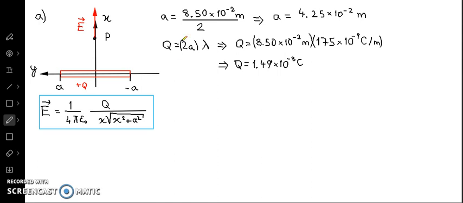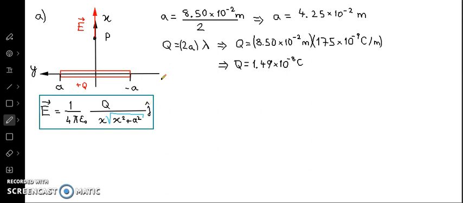Remember, the sideways components cancel, only the perpendicular components survive. That's from example 10. The result is an electric field pointing in the perpendicular direction away from the line of charge. So the electric field vector is going to be equal to the magnitude that we see here in the formula times j hat.